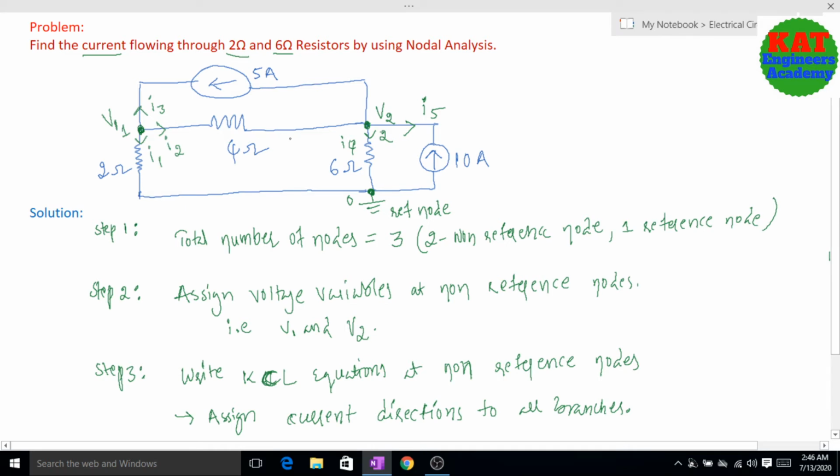You can consider any new variable, or you can consider the same variable also. No problem, definitely you will get the answer. For example, if you consider new variables, here I consider this one as I6. Next, this one I consider as I7. You can consider any direction, no problem. Already if you have I3, that I3 is nothing but opposite to I6, you will get.